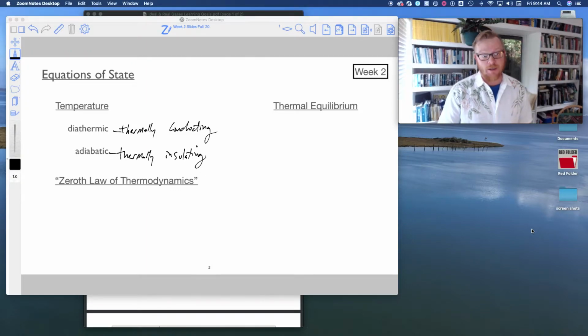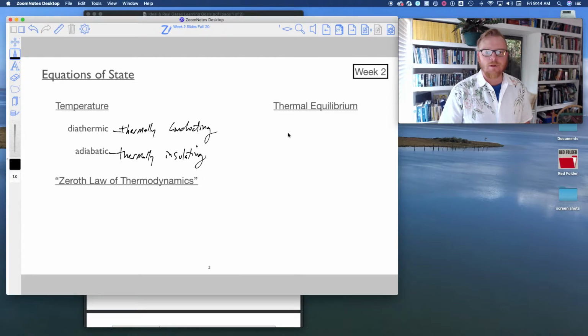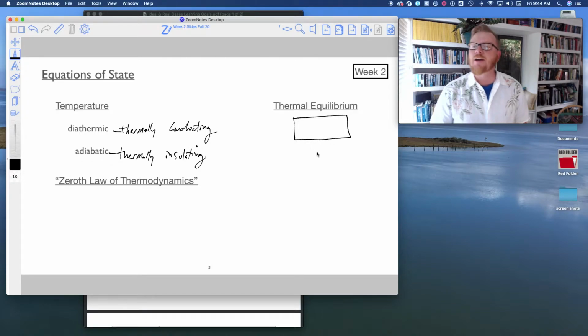So it's not perfectly adiabatic, and we'll talk about that as we progress through the semester. Okay? Now with thermal equilibrium, this is what I wanted to show you with mechanical equilibrium on the other side, the idea of the barometer.